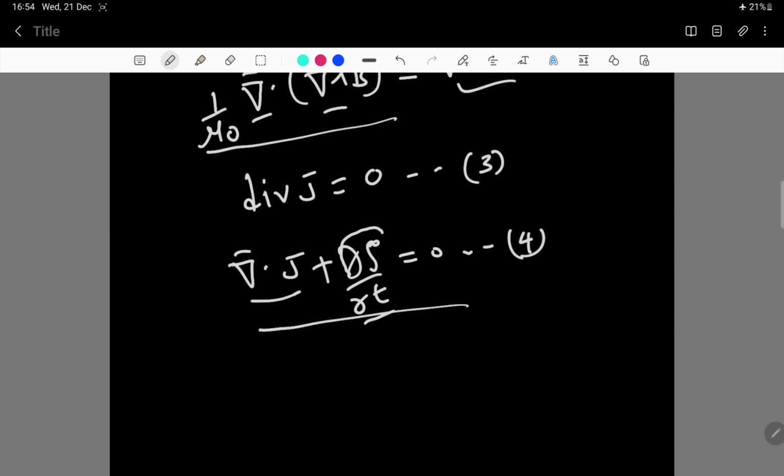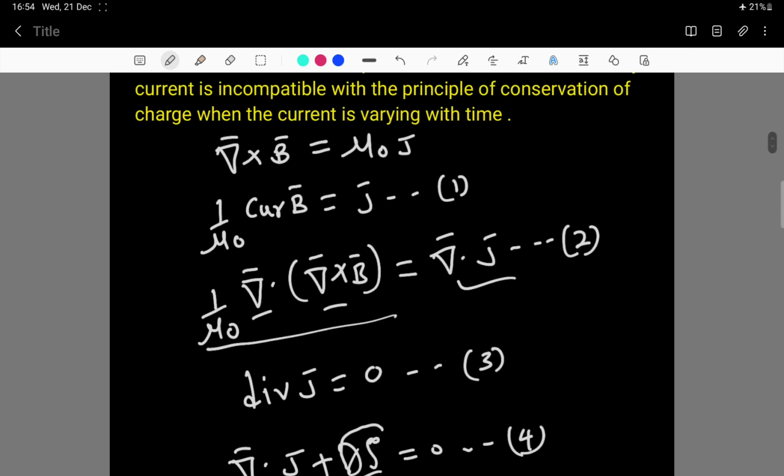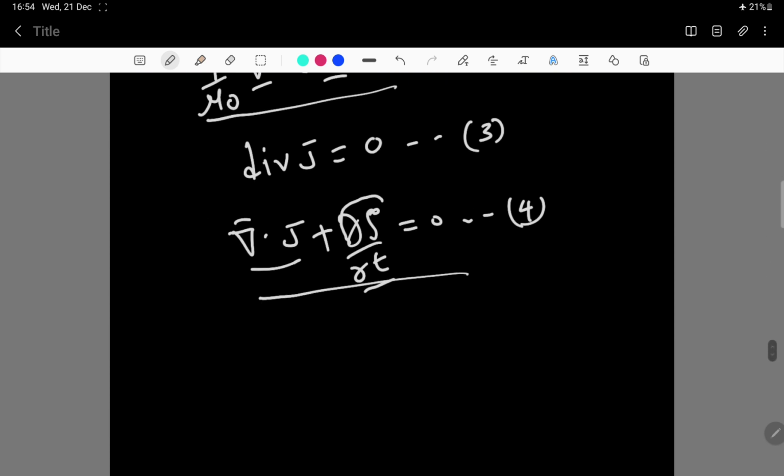Therefore, Ampere's law needs to be modified by adding to the right hand side of equation 2 a quantity which will make the divergence of the right hand side everywhere 0, because as it is right now, the divergence of J is not always equal to 0, according to the equation of continuity.